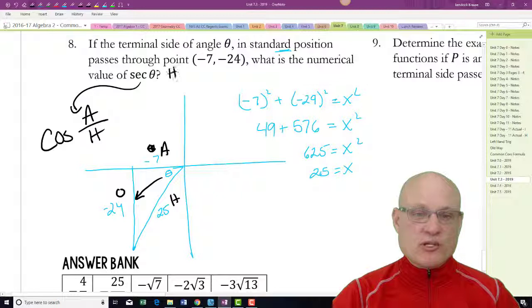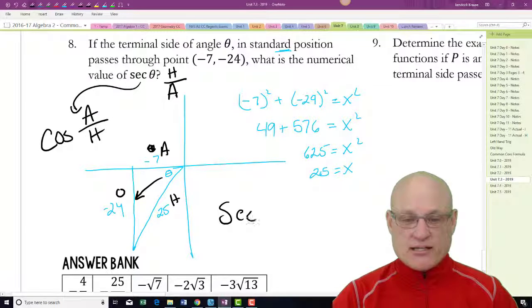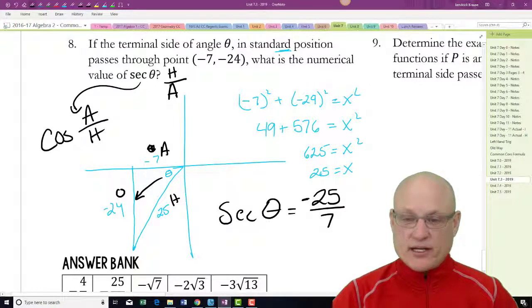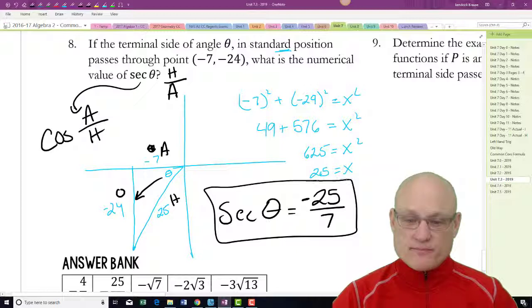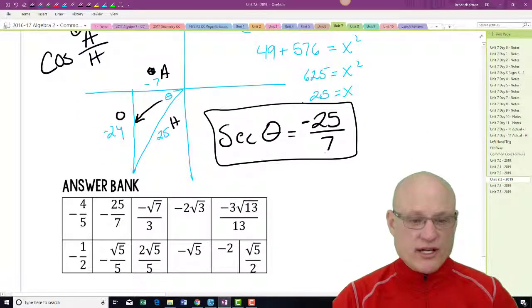So this must be hypotenuse over adjacent. So the secant of theta is hypotenuse, which is 25, over adjacent, which is -7. Always leave negatives up in the numerator. There it is. And hopefully she has the negative out front, and that's okay as well.